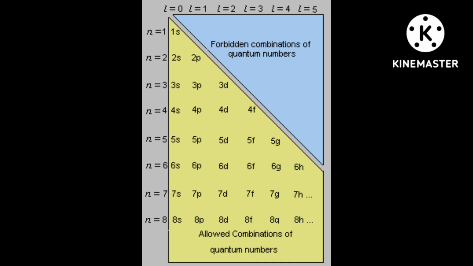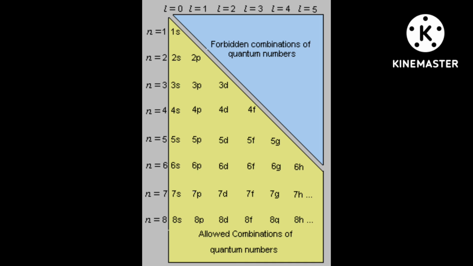6 into 2, 12. 3 orbitals are there, px, py, pz, and 6 electrons, so 12 spin possibilities for p, for each electron 2. Like that, d has 5 orbitals, which means 10 electrons.